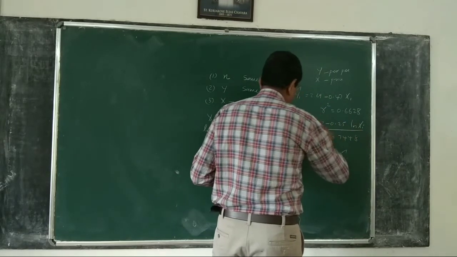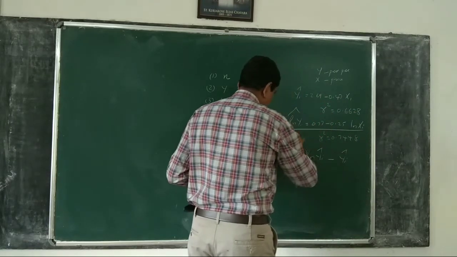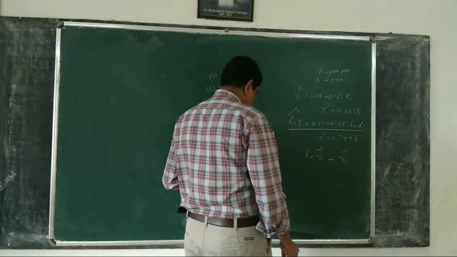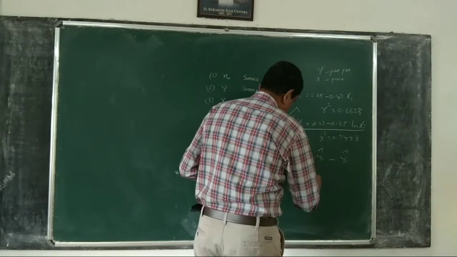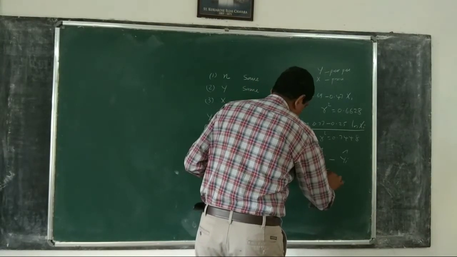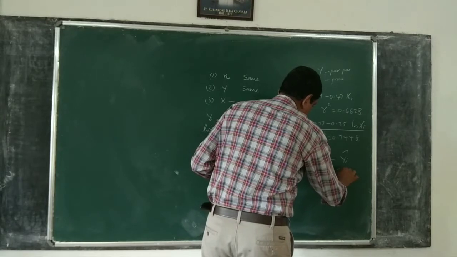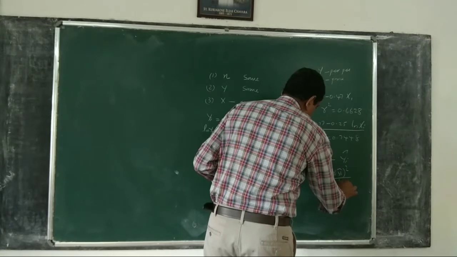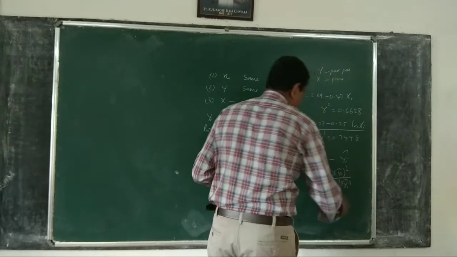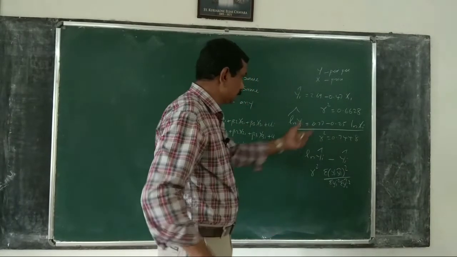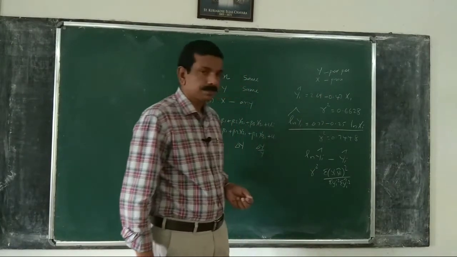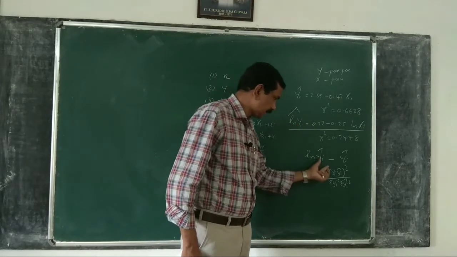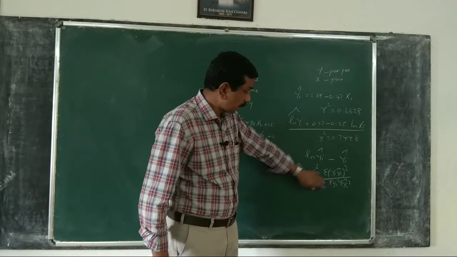Estimate this model also, obtain ln y hat, take its anti-log, you will get y hat i. Then calculate R square as sigma yi y hat i whole square by sigma yi square into sigma y hat i square. That is, estimate both the models, obtain ln y hat, then take its anti-log, then calculate this R square.